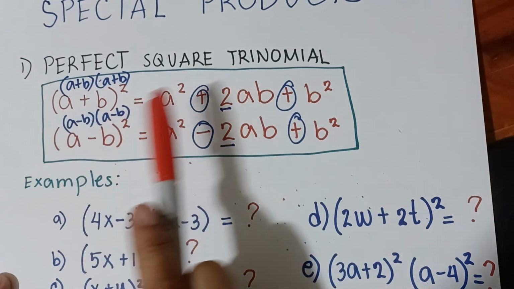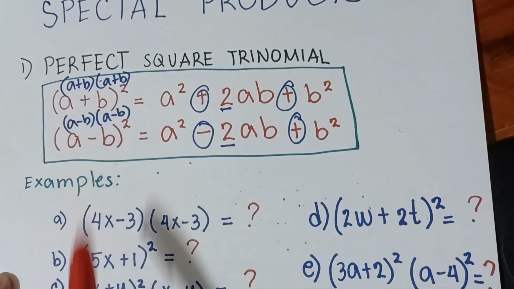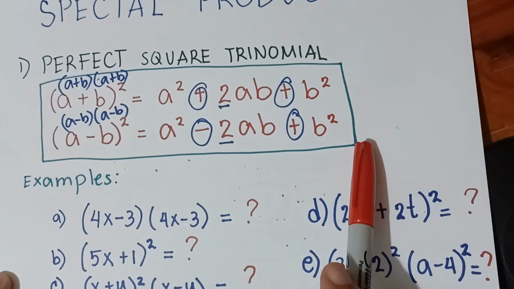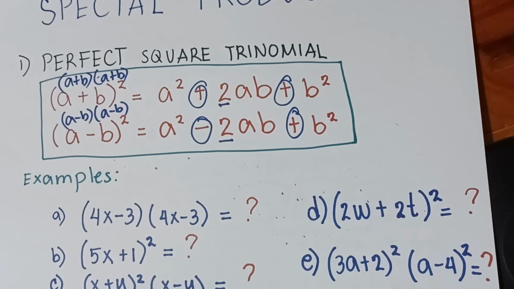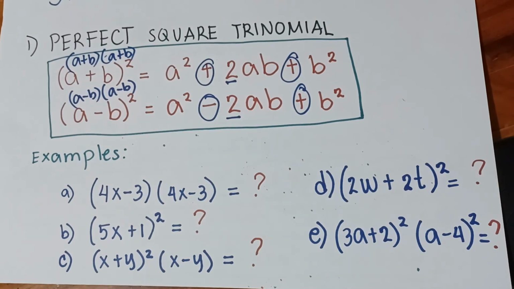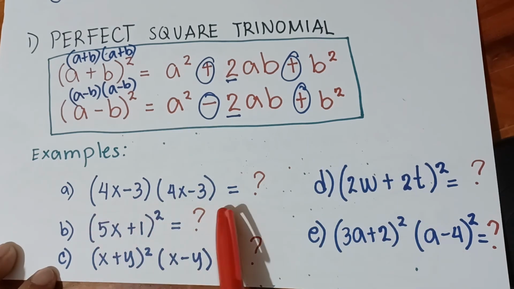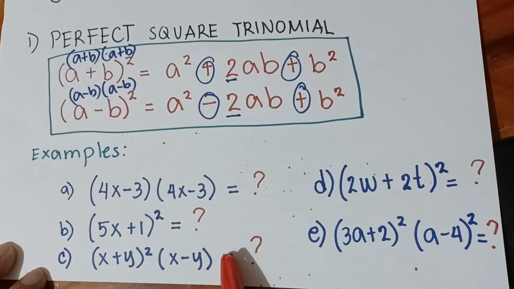So in a perfect square trinomial, same terms at same sign. Okay, so this is the formula that you need to remember, so that it would be easier for you to multiply. You don't do the long method. Just doing this formula, you can get the product of this without doing the FOIL or the long method.